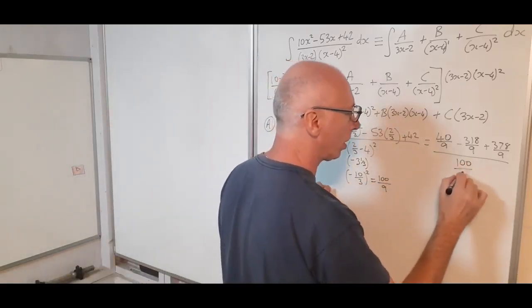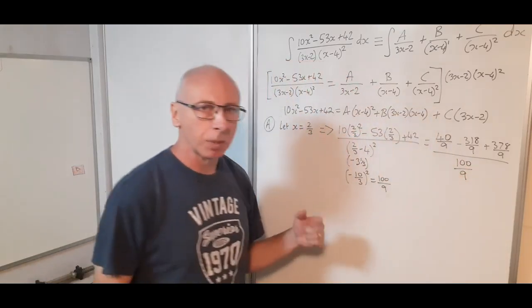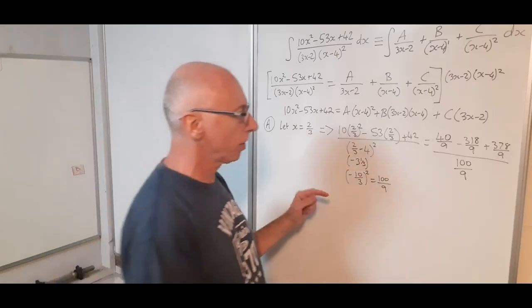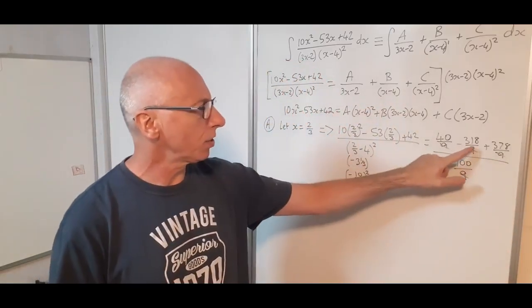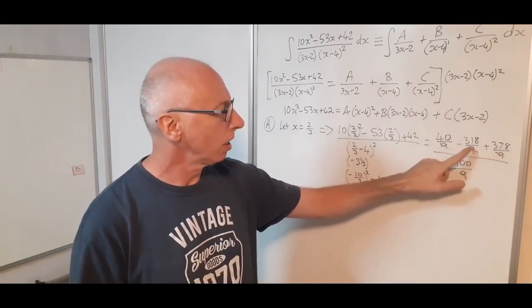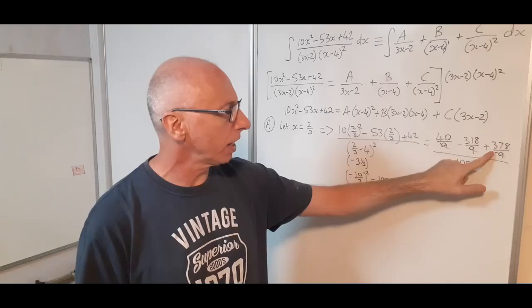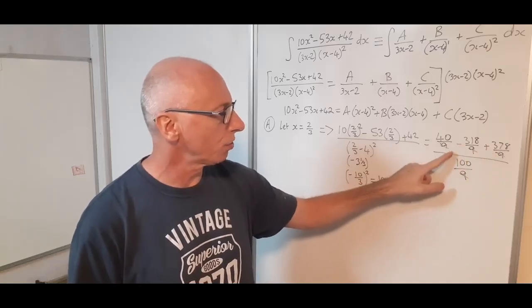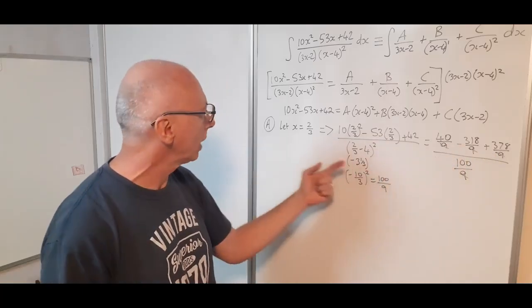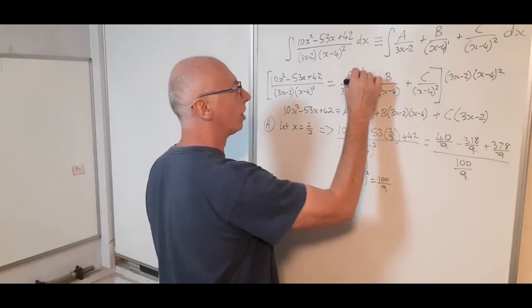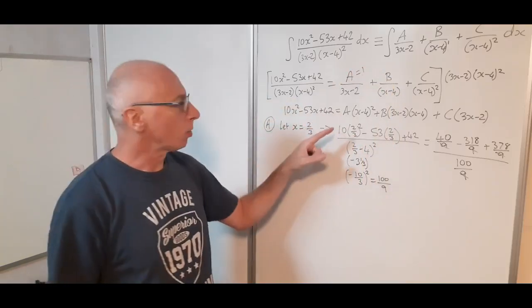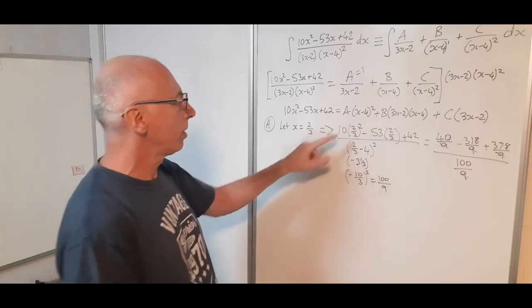Now because I've got everything over 9, I can just cancel the 9s out and just do the addition. So 40 minus 318 plus 378, or minus 318 plus 378 is 60, plus 40 is 100, over 100. After all that, my A is just 1. So A equals 1.